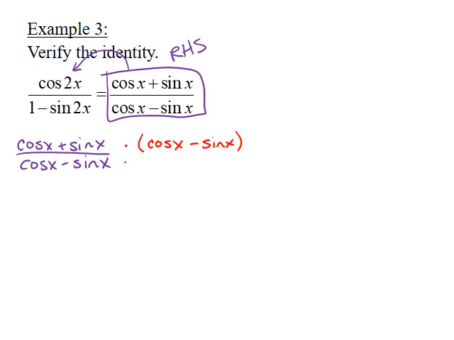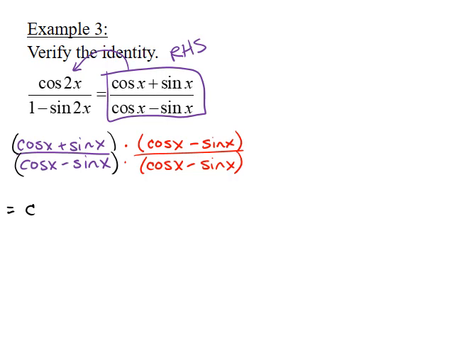So I multiplied the top and the bottom by the conjugate of the numerator. And again, you guys, it took me a while to come up with this. So what I did now is I FOILed the top and the bottom. Okay, so when I FOILed the top and the bottom, I got the following.